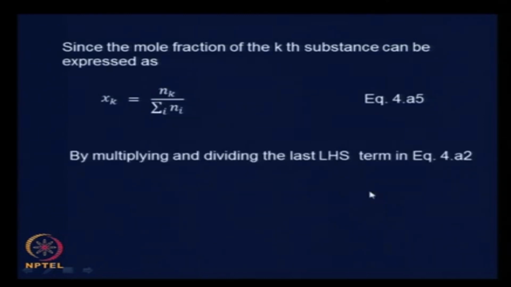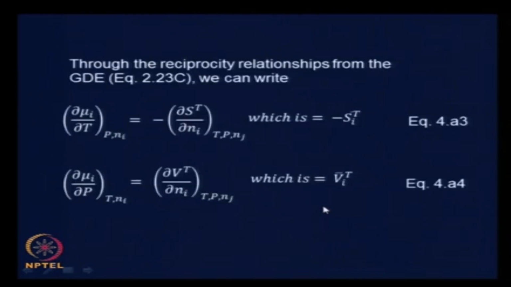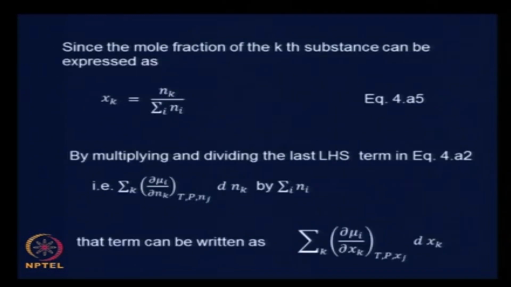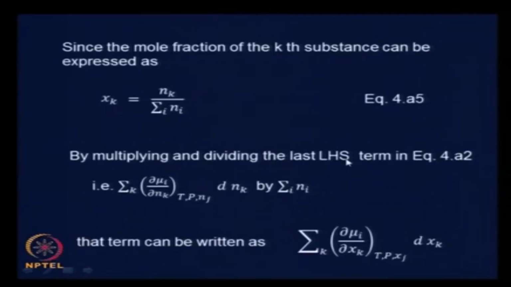We will call this equation 4a5. By multiplying and dividing the last term on the left hand side of equation 4a2 by summation over Ni, this was the last term, sum over k of dou mu i by dou nk at constant T, p, all other n's remaining constant, times dnk.